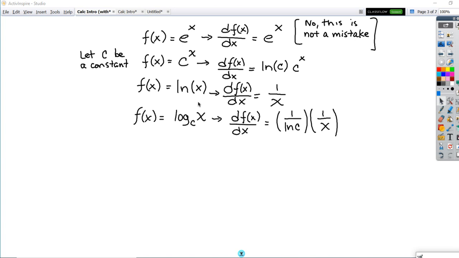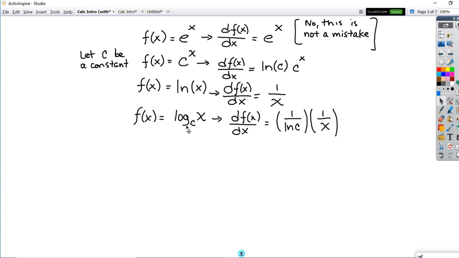Now, natural log has a base e, but this log is a base of some constant c.